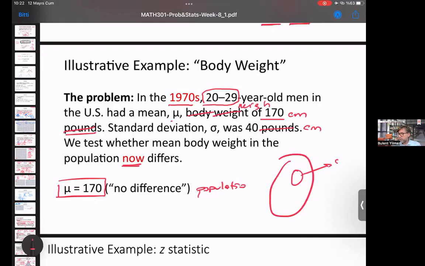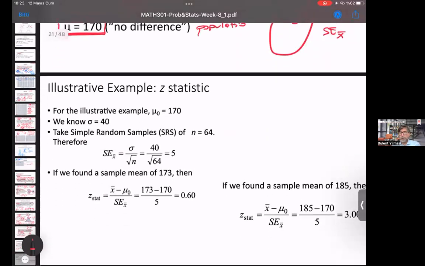I'm going to choose one sample now, okay, and this sample's mean and standard error of the mean we're going to calculate, and then find out if now our body weight or height of people have changed, right? So through generations, did the body weight or the height change as time passes? Okay. So how do I do it, guys? Mu 0 is 170. This is my population mean.